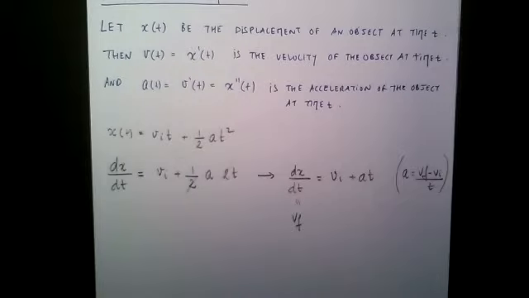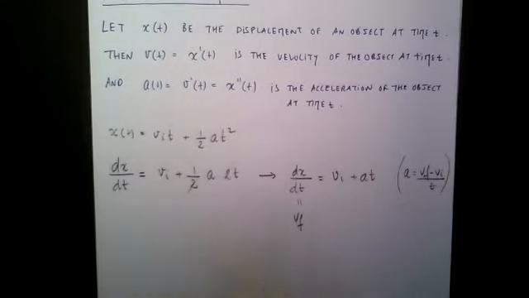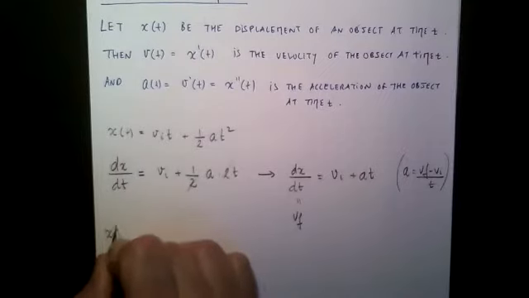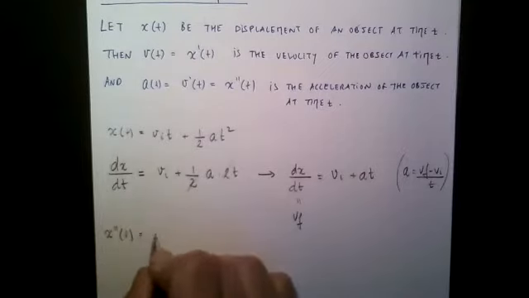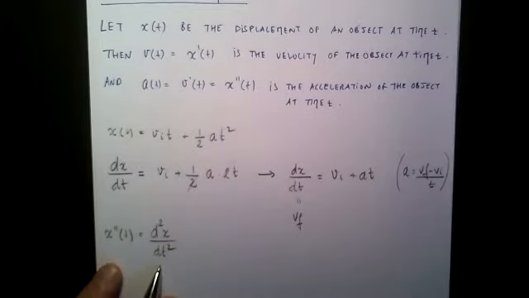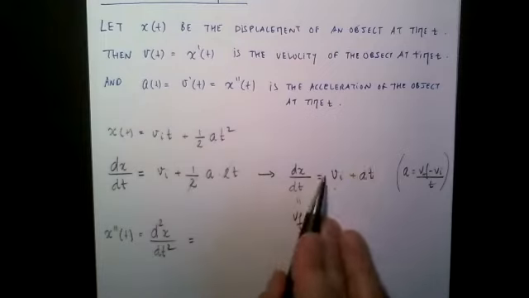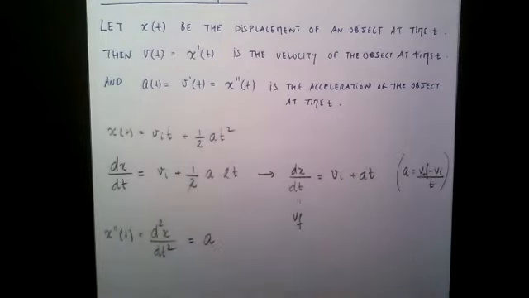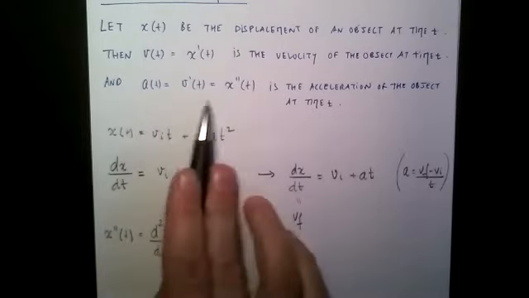Let's find out the second derivative. So x prime prime of t, or d^2x/dt^2, we've seen this notation, will be the derivative of this now, the derivative of the derivative. So you're just going to get a, which obviously is the acceleration, like I said here.